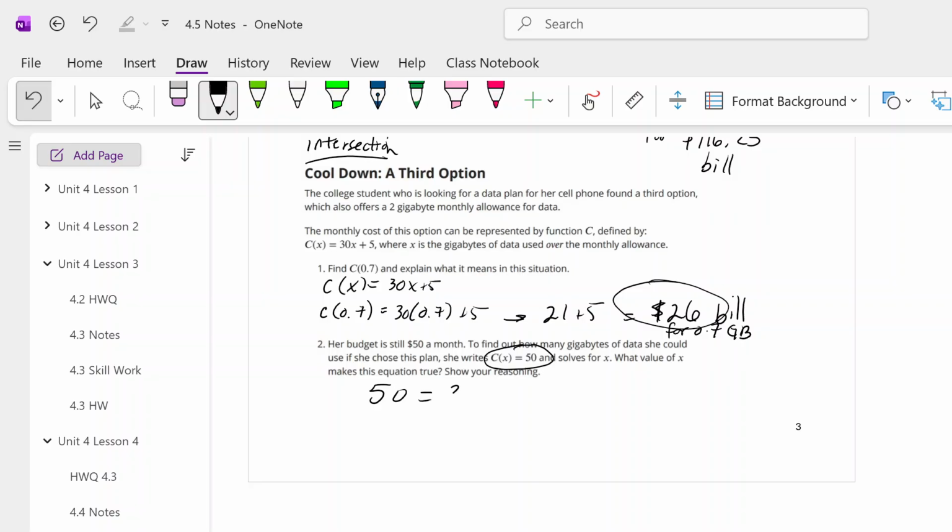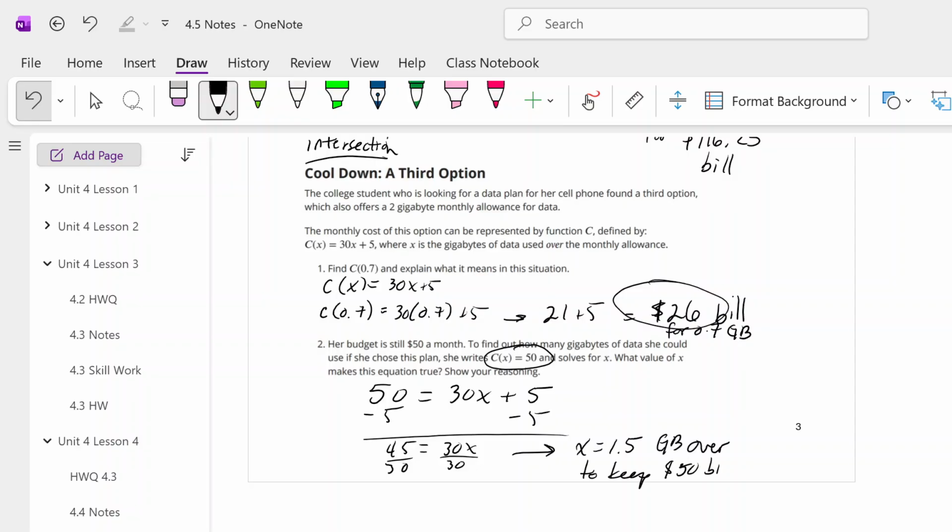So when does 50 equal that prescription of what the bill is? Let's subtract 5 on both sides. So we're going to get 45 equals 30x. We're going to divide by 30. What's 45 divided by 30? Well, 30 goes into 45 1.5 times. So x is going to be 1.5, which means you could go 1.5 gigabytes over to keep a $50 cell phone bill.